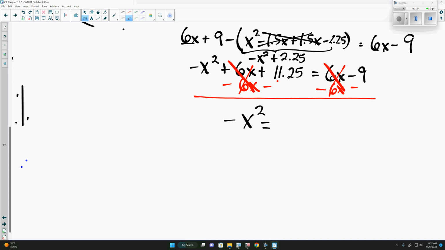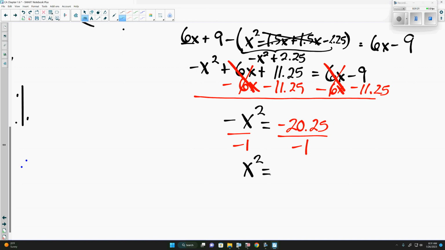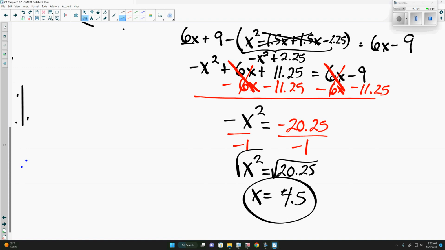But we're going to subtract 11.25. 9 plus 11 is, yes. But the x squared is not positive anymore, it is negative. And then I think we got 4.5. We still get the same answer. I quit out of it because I still was seeing the negative. I forgot about this over here.